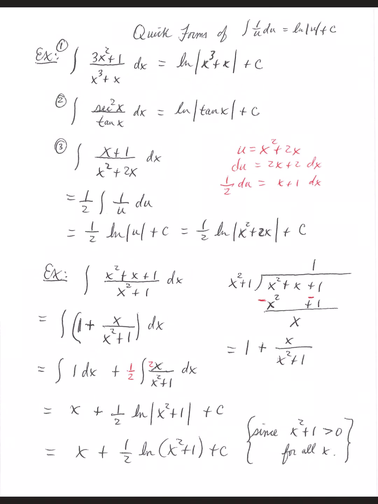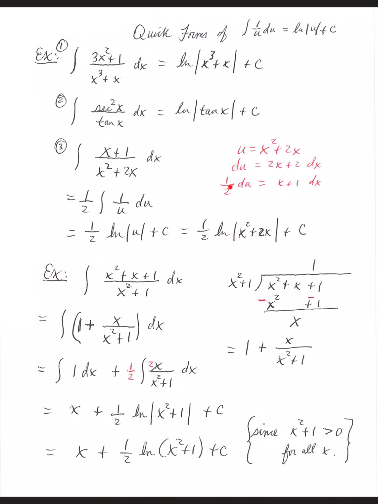The third one, we're pretty close. X squared plus 2x has a derivative of 2x plus 2. Almost there. So let's look over here. If I let the denominator be u, its derivative is 2x plus 2 dx.